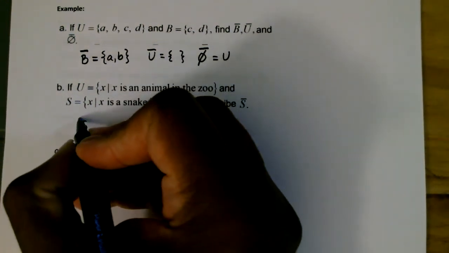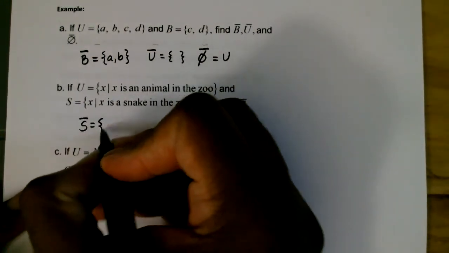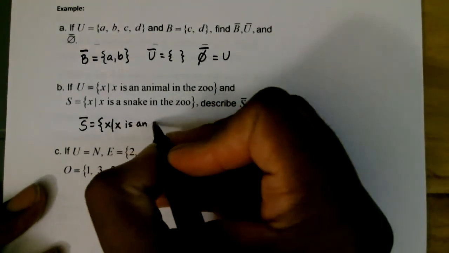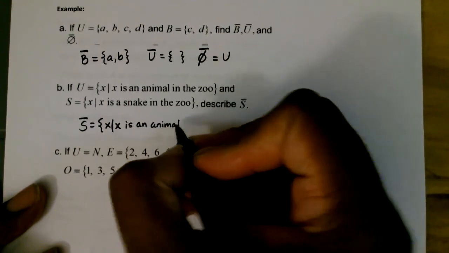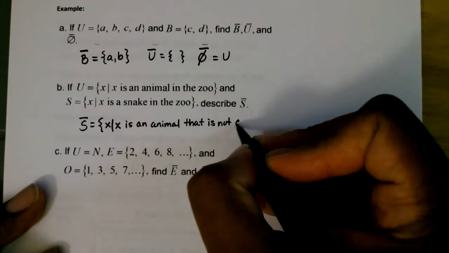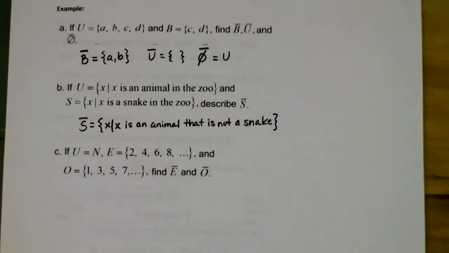In this case, the way you just have to write this in words is going to be this: the set of all X such that X is an animal that is not a snake. Because if you take out all the animals that are snakes, you'll be left with the remaining animals that are not snakes. Okay.